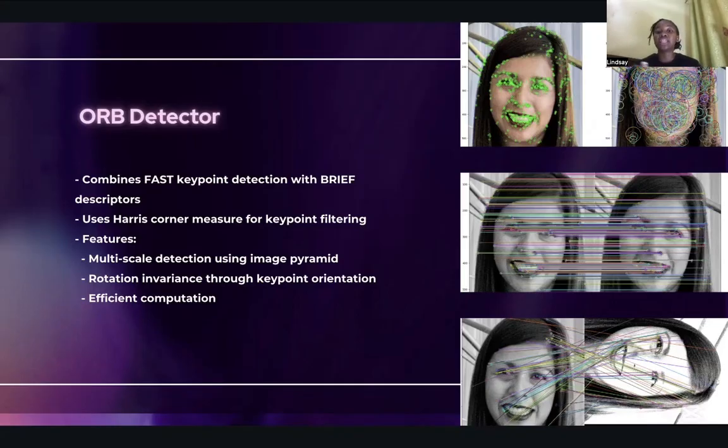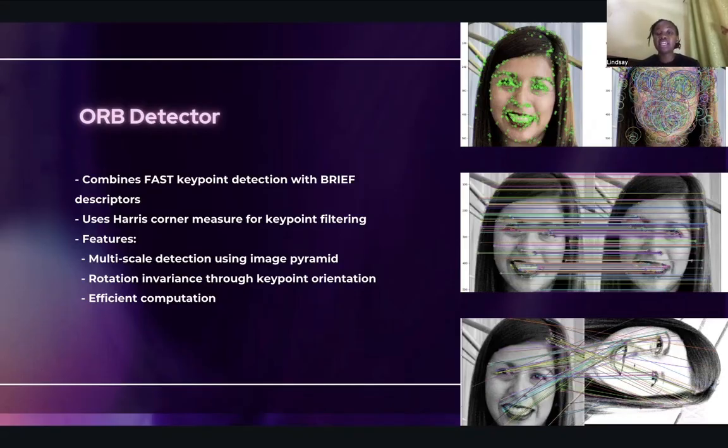It uses FAST to detect key points and then applies the Harris corner measure to retain only the top n key points. I don't want to go through that because my time is done. To handle images at different scales, it uses an image pyramid to detect features across multiple levels. A key limitation of FAST is that it lacks scale invariance. Yes, I said that.